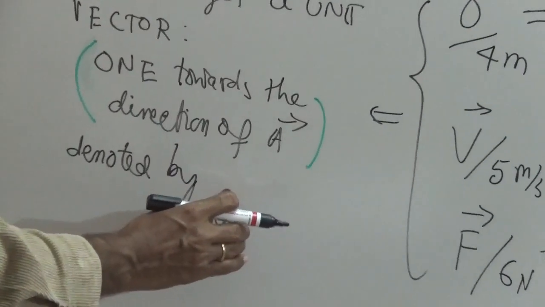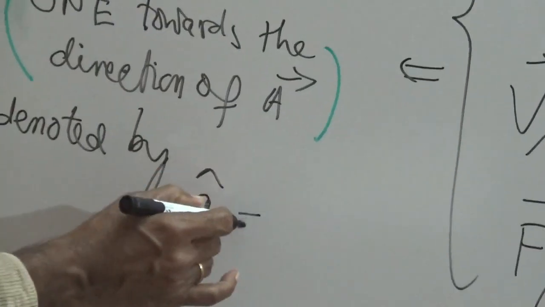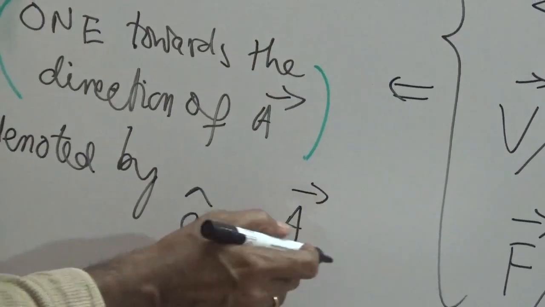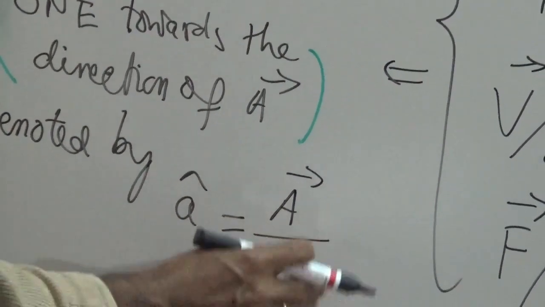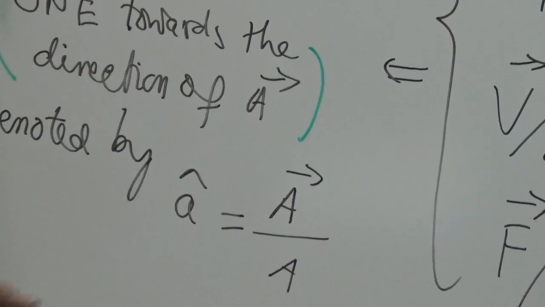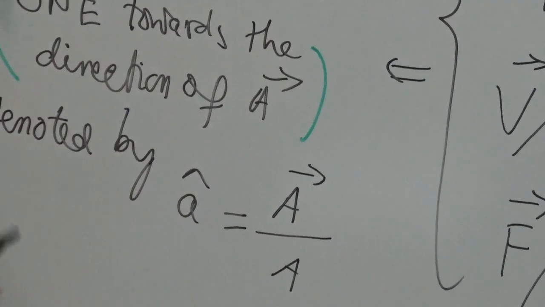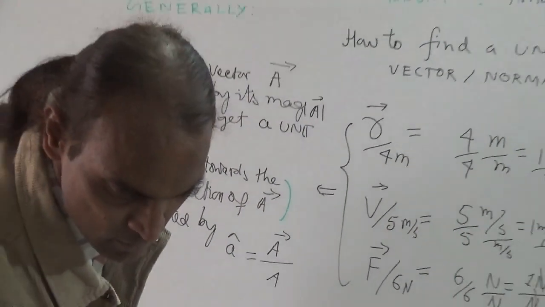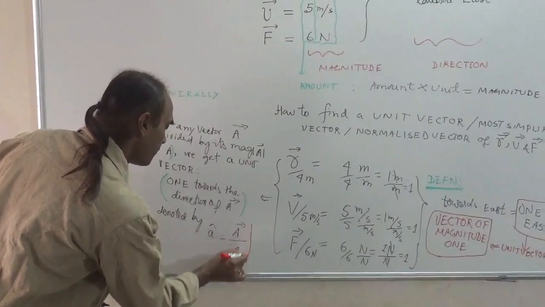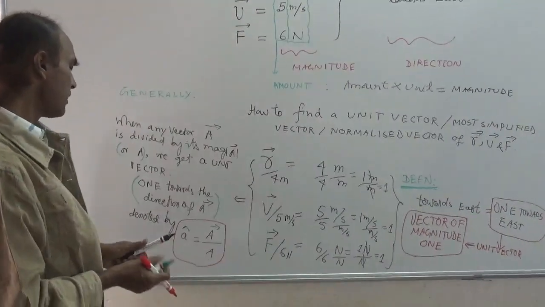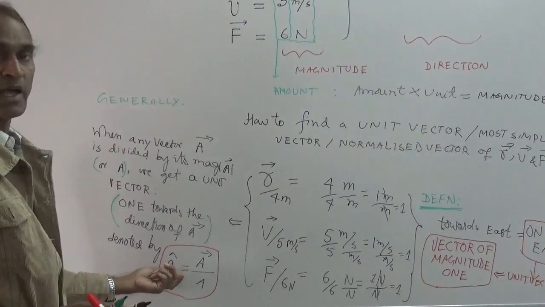That is a symbolic representation of a vector that's equal to the given vector divided by its magnitude, its amount times its unit. So this is the basic formula of the unit vector.